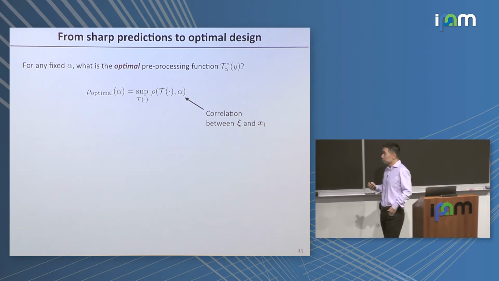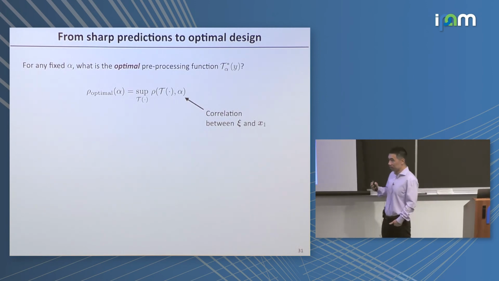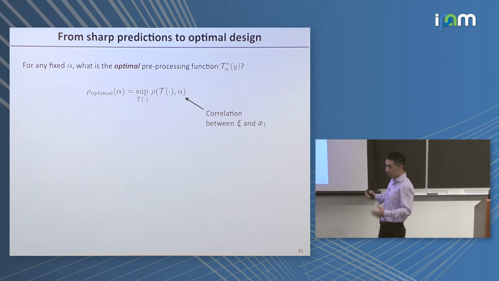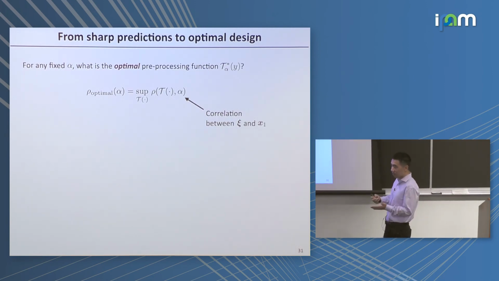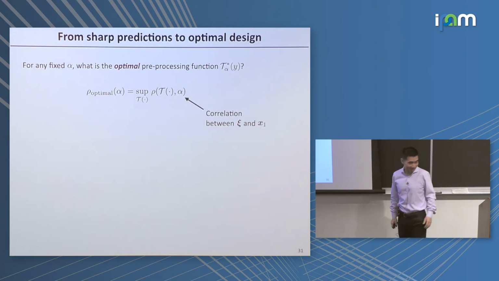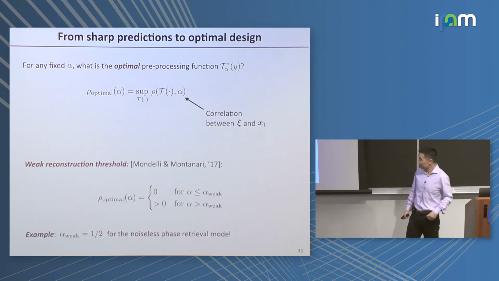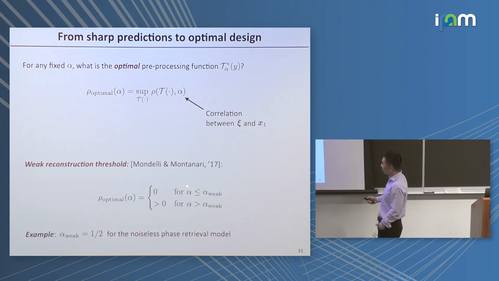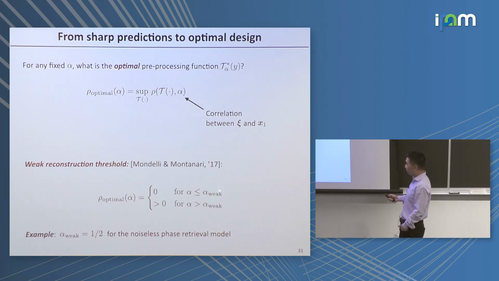Initially, I thought about doing this in a numerical way because I was not expecting anything analytical. But then I read Andrea's paper. They showed a result that says there is a threshold alpha, so-called alpha weak, and below that, there's no choice of t that will give you a non-zero correlation.